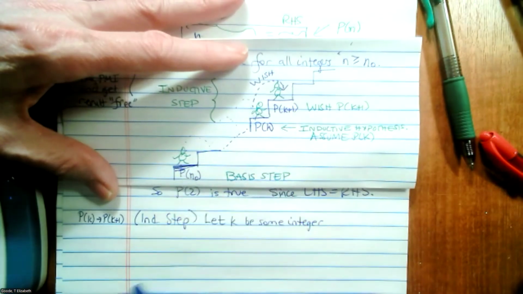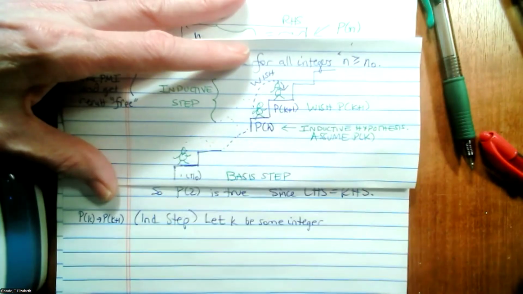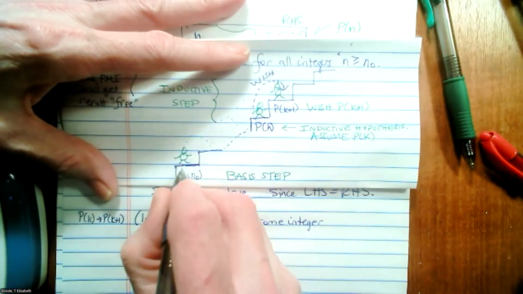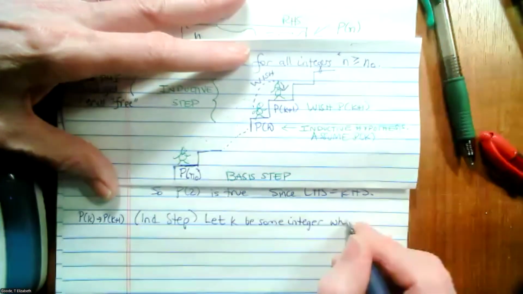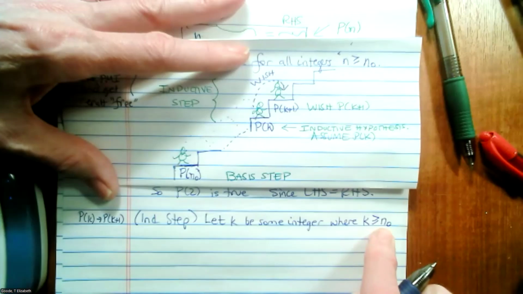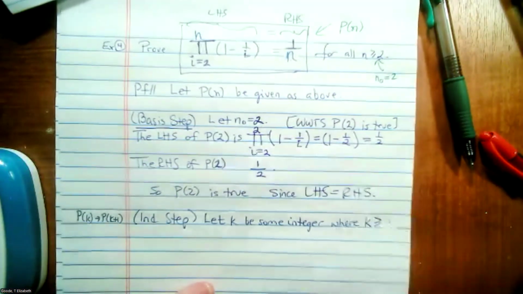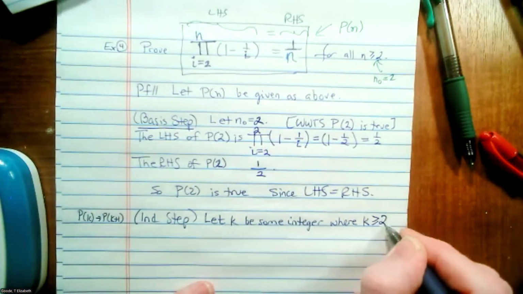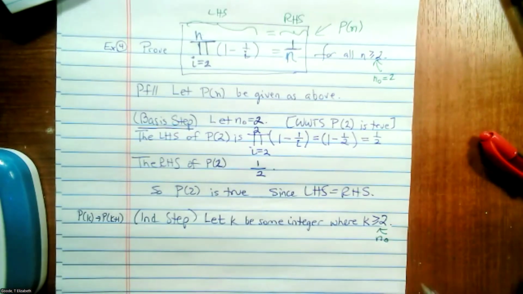And that means whatever argument we give in this inductive step, it better work to help us get off the bottom step. So we say, K could be equal to that bottom level n naught, but n naught was actually 2, so I'll put that there. But in general, whatever n naught is, you want K to start there, okay?